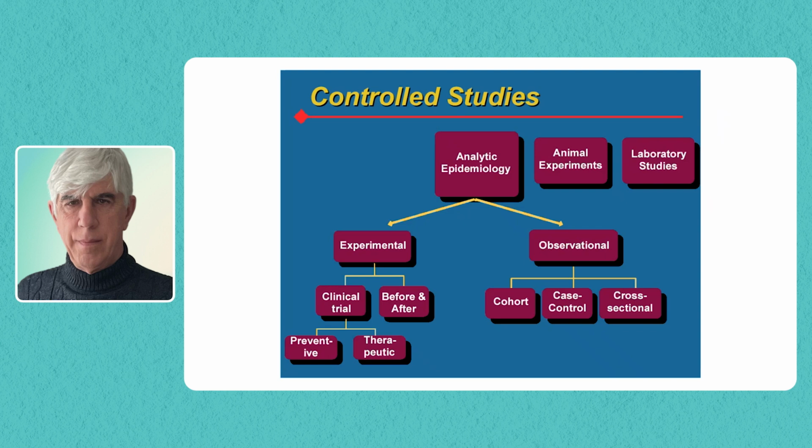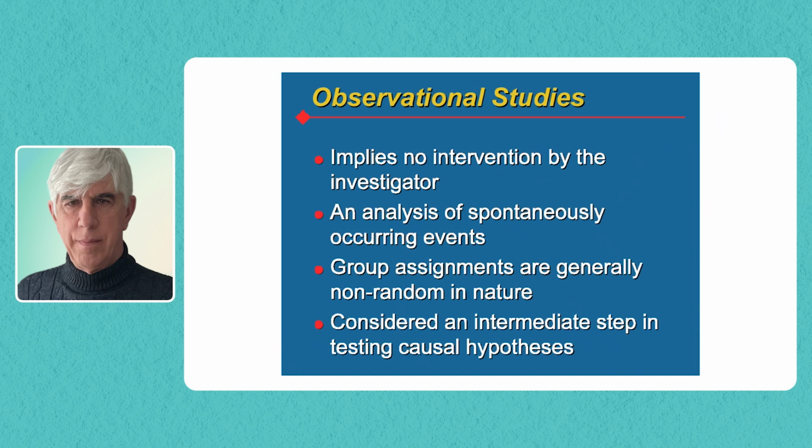A little more difficult with animals, more suitable for humans, are control studies. I will just give you a short overview of observational studies, which are easier to design and easier to evaluate. Observational studies are studies in which there is no intervention by the investigator.